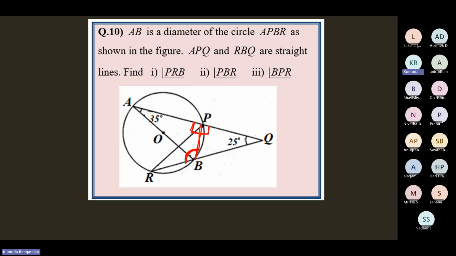Now in this triangle PBQ, this is an exterior angle because the side QB is produced. So the exterior angle is equal to this angle plus this angle. So this is equal to 115 degrees. So we found PBR.